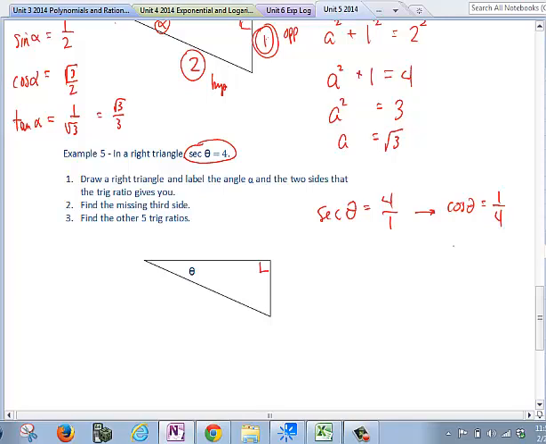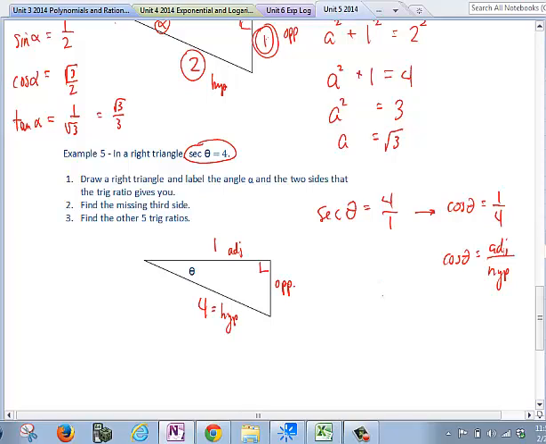So now I know because cosine ratio is equal to the adjacent over the hypotenuse. So I'll have a 1 here for the adjacent side. That's adjacent. Hypotenuse is 4. And now I need my opposite.